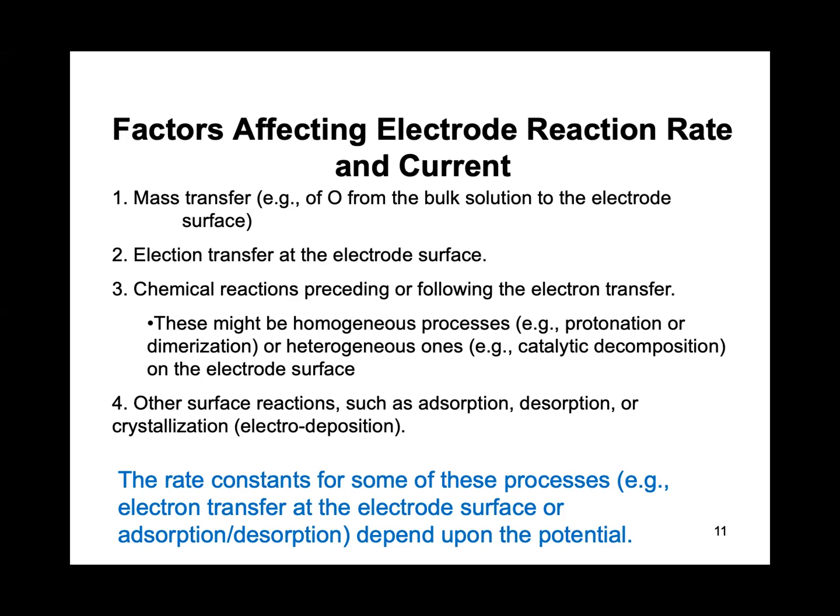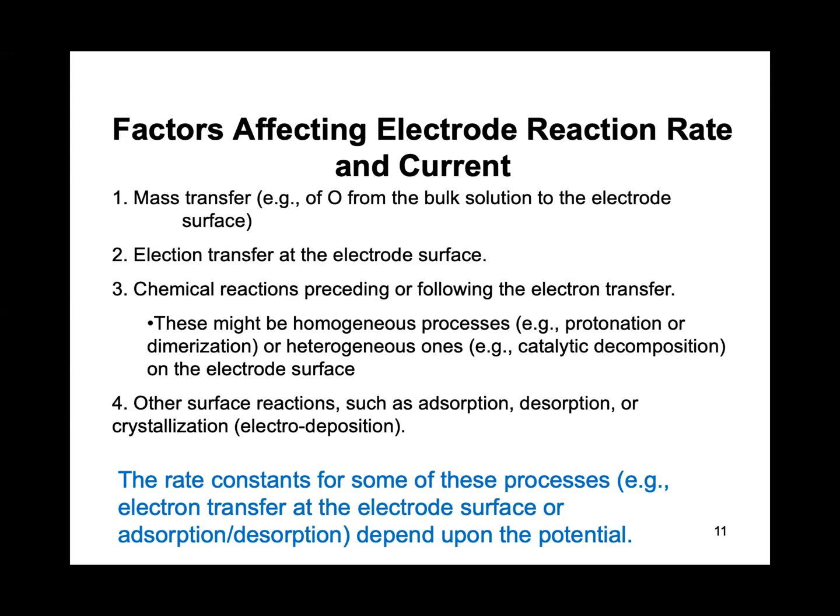Then there is electron transfer at the electrode surface, which we have to optimize. There are ways to increase the performance of electron transfer on the electrode surface, and we will discuss that in a later part.